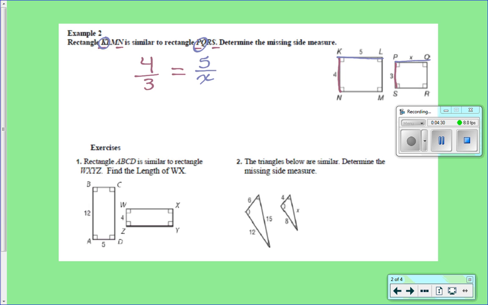So now what do we do? What can we do? What can we solve for the missing side? Calculators, what can we do? What can we do to 4 to get to 5 in our calculator? We can do what? 5 divided by 4 is what?